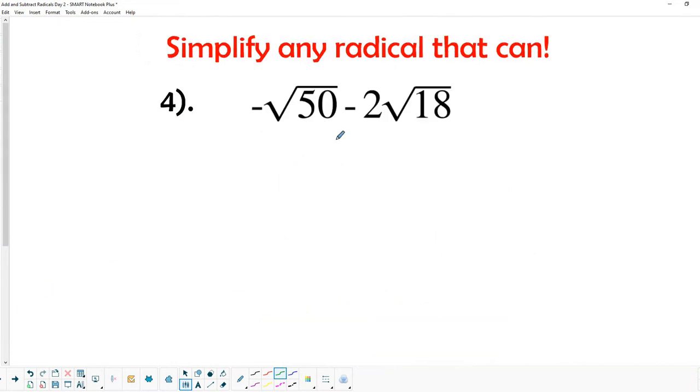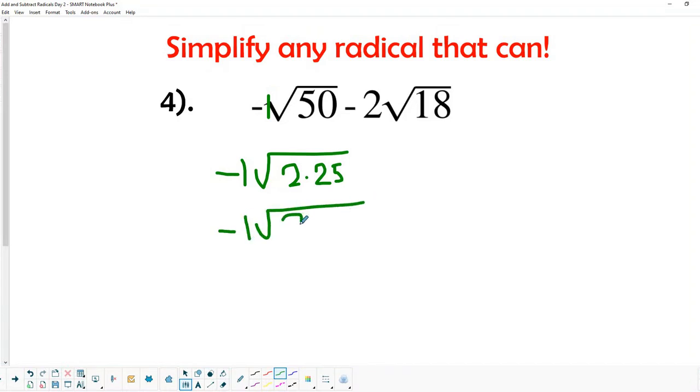Okay. All right, so -1 square root of 50, which is going to be the same as -1 times the square root of, I'm going to do this a little differently, the square root of 2 times 25, right? Which in turn would be -1 times the square root of 2 times 5 times 5.